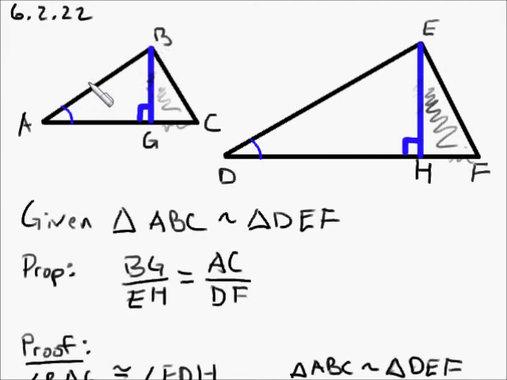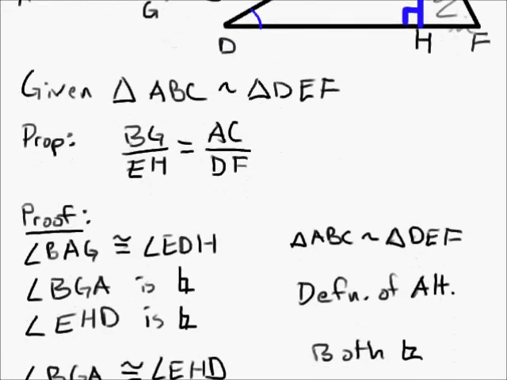So I got a better idea. I'm going to say BG over EH is equal to AB over DE. I'm going to use this leg and the hypotenuse. Why the hypotenuse? Because it's part of the overall triangle ABC and the overall triangle DEF.